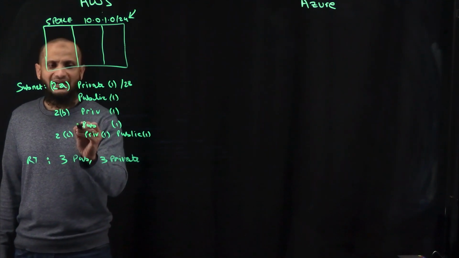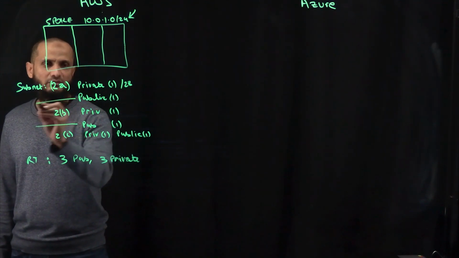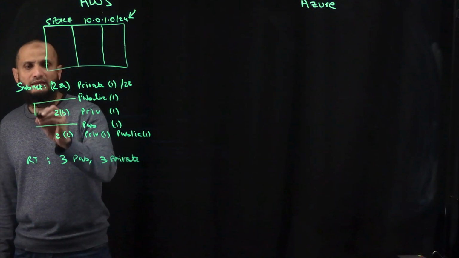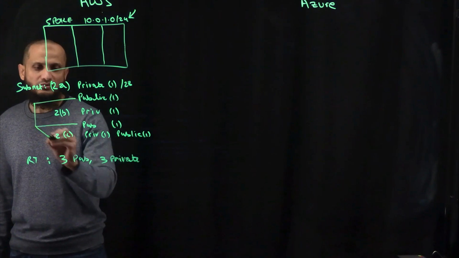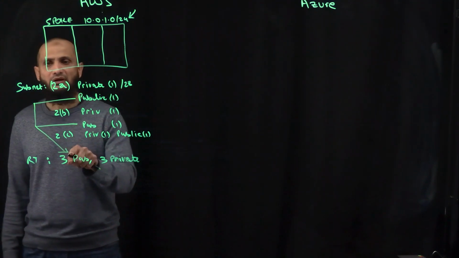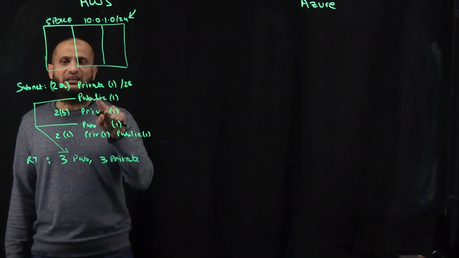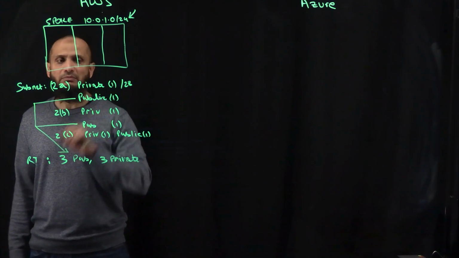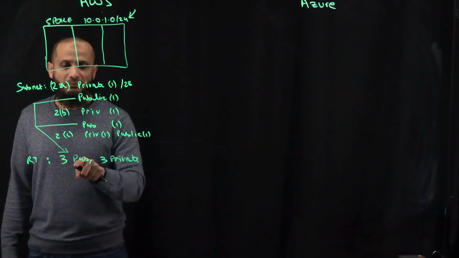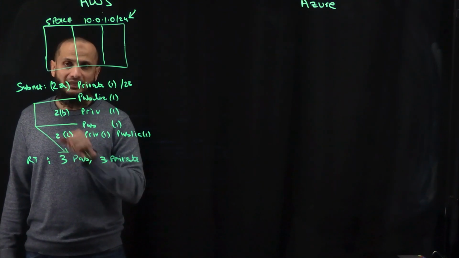Okay, now association works exactly the same way. All the public subnets, for example, will be associated to these public routing tables per availability zone. So availability zone 2A public subnet will be associated to 2A public routing table.